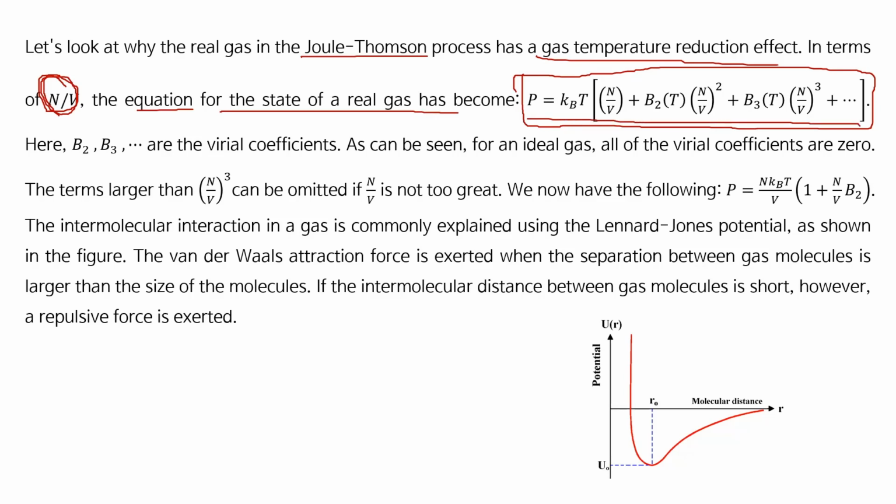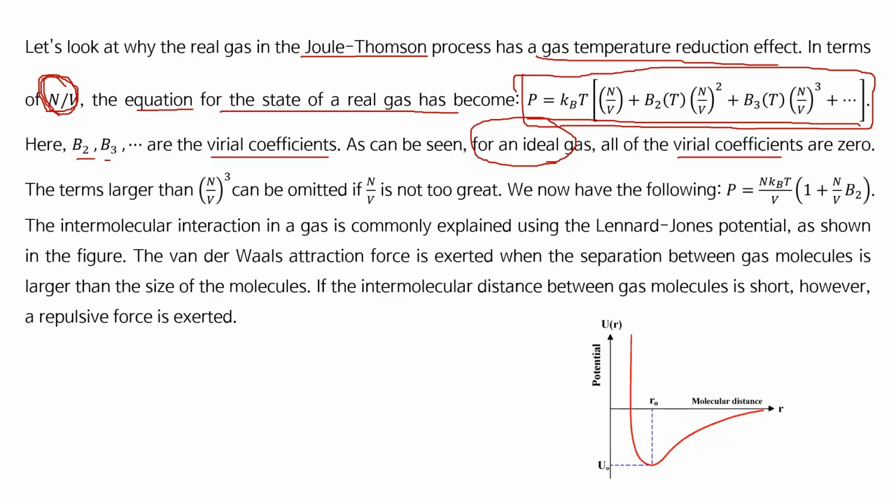Here, B2, B3 are the virial coefficients. As can be seen, for an ideal gas, all of the virial coefficients are 0, so we have PV equals NkT. So that is the equation of state for the ideal gas.